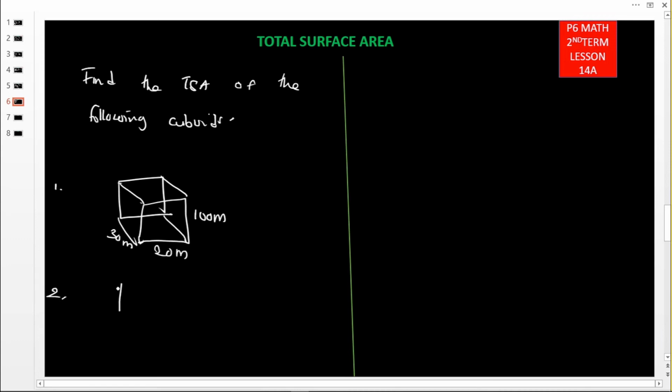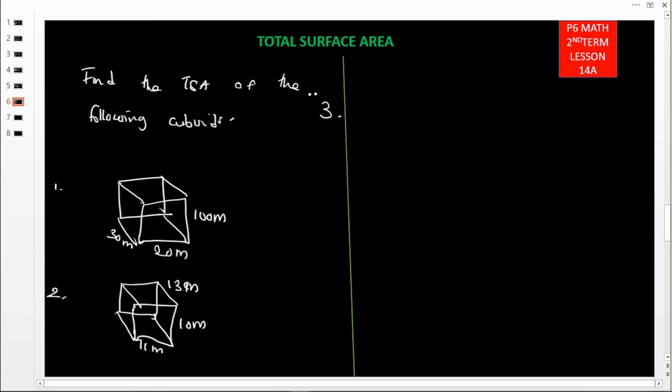Cuboid number 2, so try to draw neat cuboids as I've showed you. Here this is 11 meters, we take this one as 10 meters, then this is 13 meters.